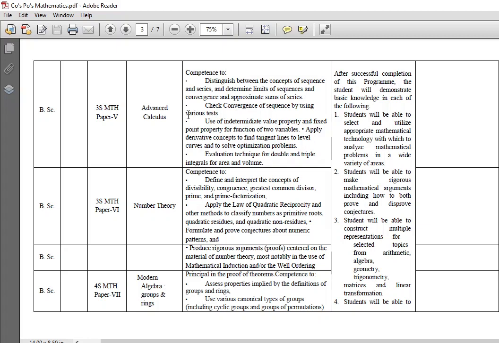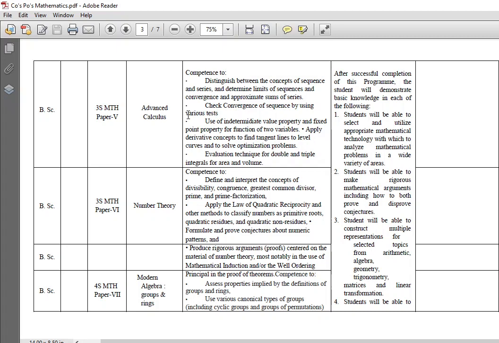So the first two chapters are sequence and series. Check convergence of sequence and series by using various tests. There are several tests for checking the convergence of the sequence and series. When we study the syllabus, you will all get to know that. After that, you use the intermediate value property and fixed point property for functions of two variables.